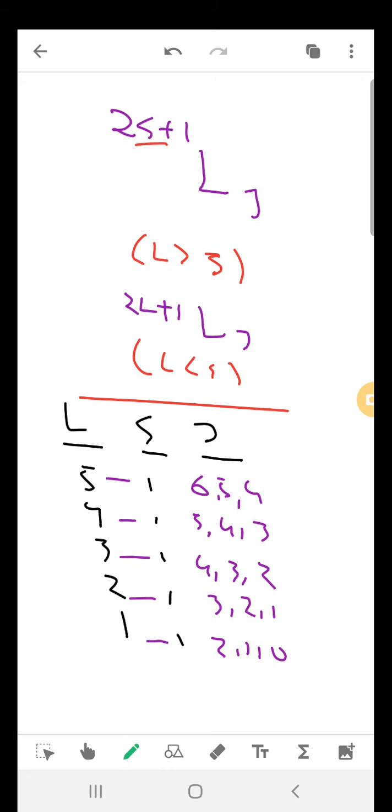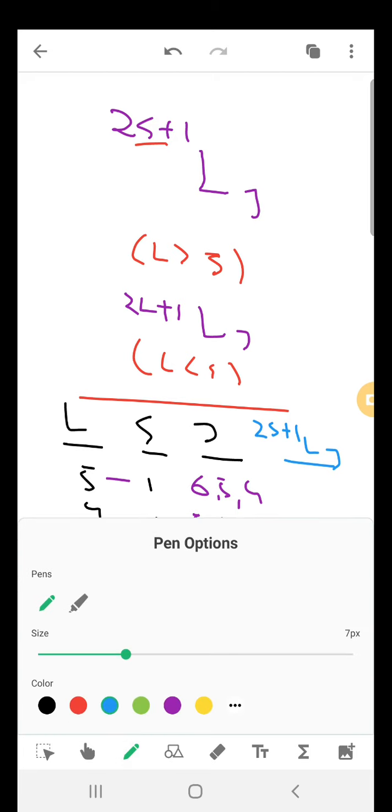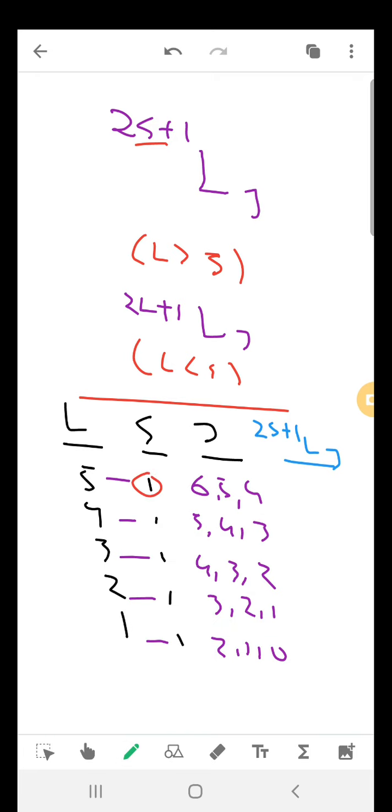And the corresponding states. In all these cases, we will have the 2S plus 1 L J value. Here 2S plus 1 is 3 states. L here is 5, so this corresponds to H, so it will be 3H, and we'll have 3 states corresponding to 6, 5 and 4.